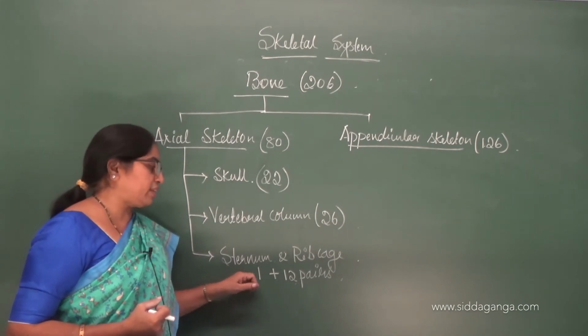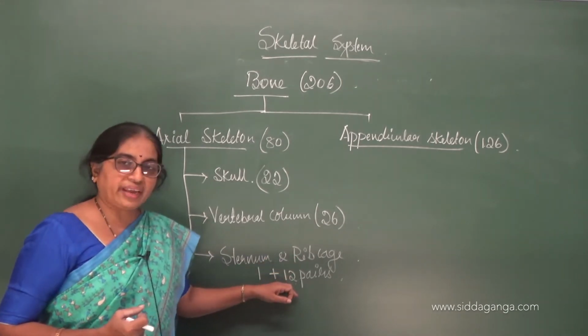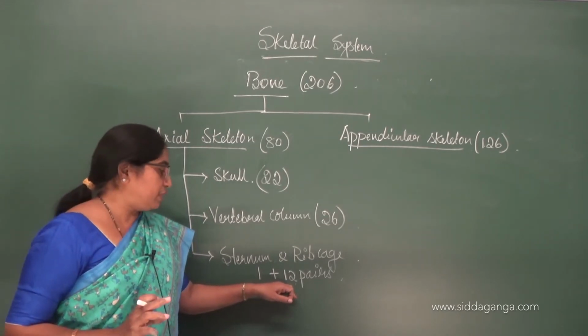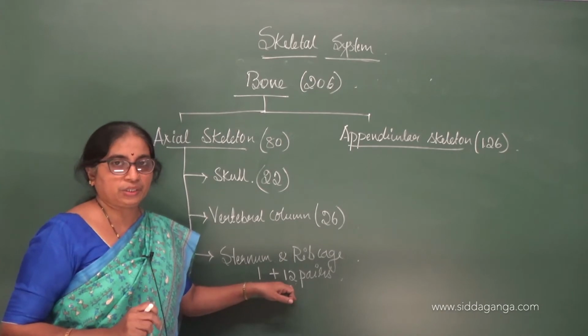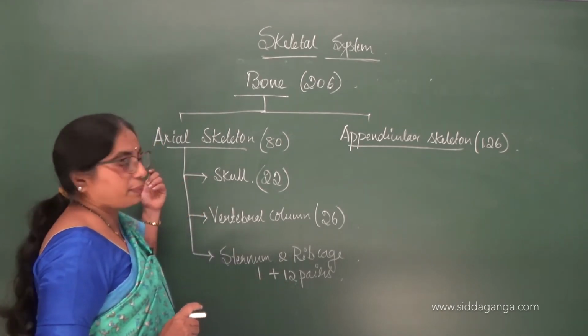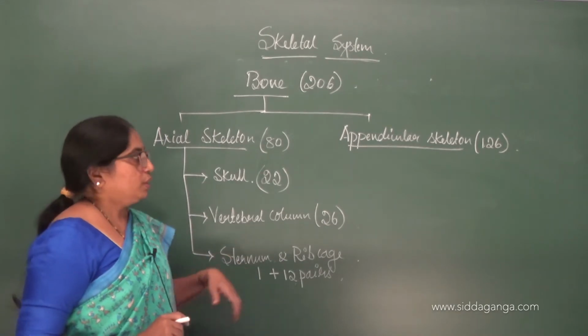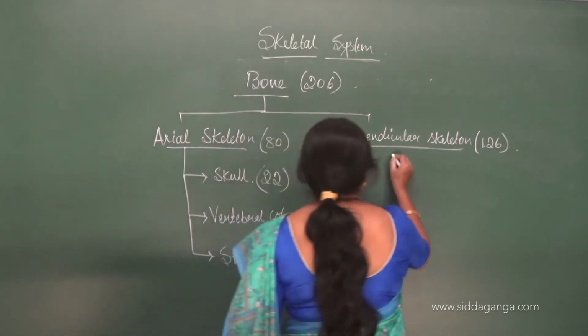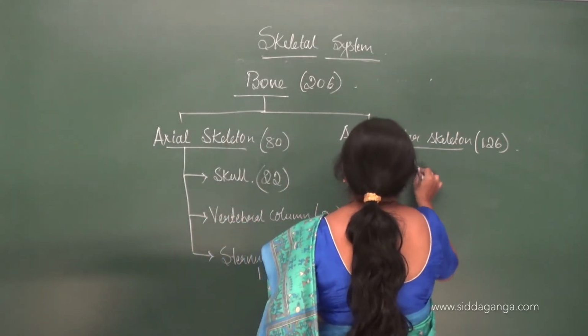The bones attached to the sternum ventrally and to the vertebral column dorsally are about 12 pairs, which counts to 24 bones. So these are the bones present in the axial skeleton. The appendicular skeleton comprises limbs and girdles.